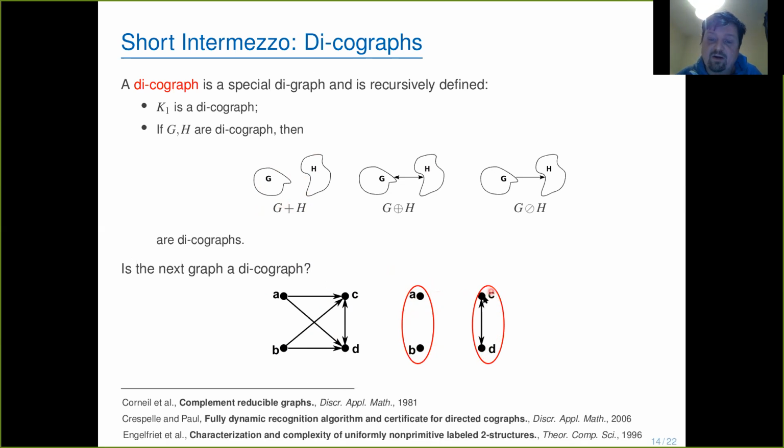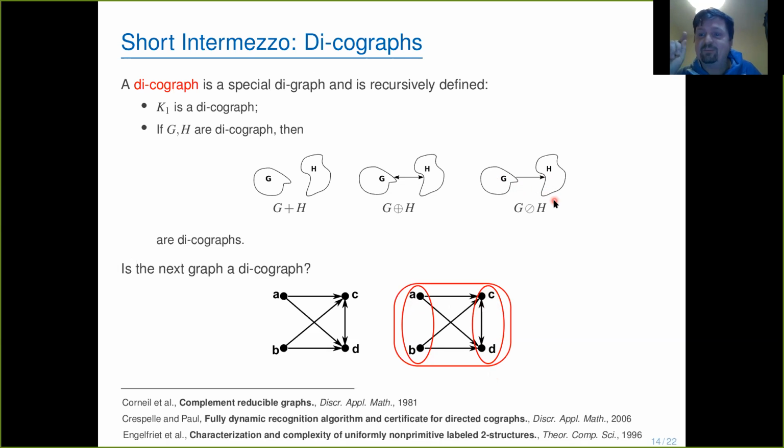C is a single vertex graph, D is a single vertex graph, and so their bidirectional join is a Dico graph. Now we have two Dico graphs, and so their directed join is a Dico graph. And we see this is a Dico graph by definition.